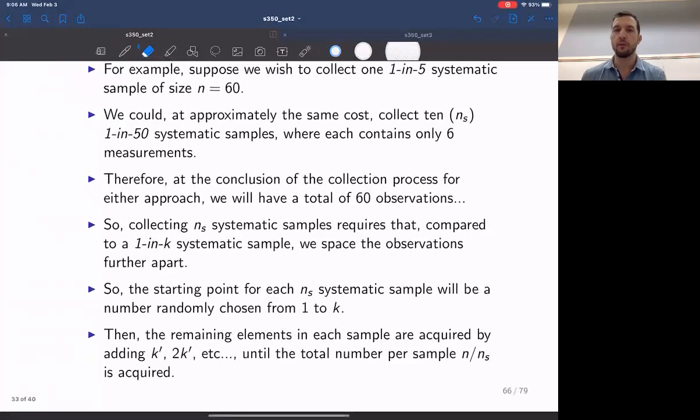From these 10 samples, as I mentioned before, we can do the same things that we had done previously. So estimate a mean, estimate a total. And really the only difference here is that we have to stagger the start point.